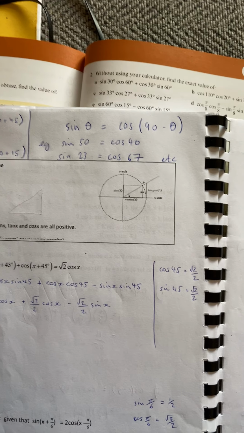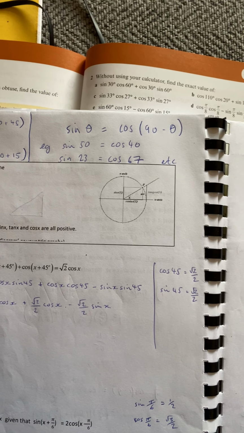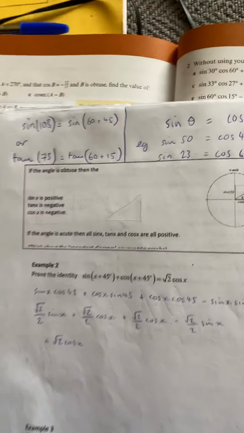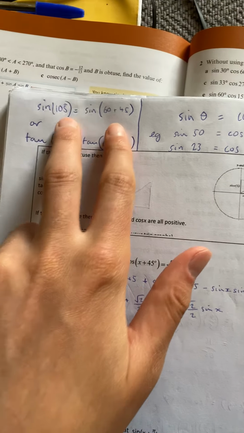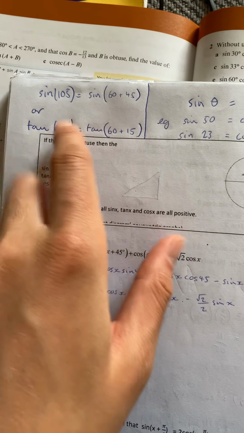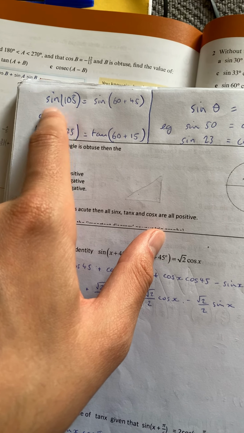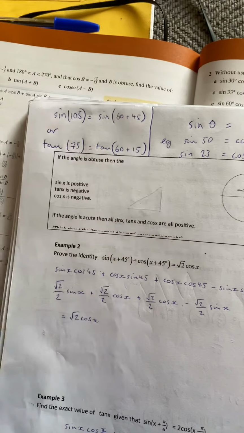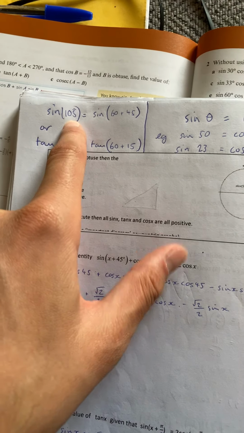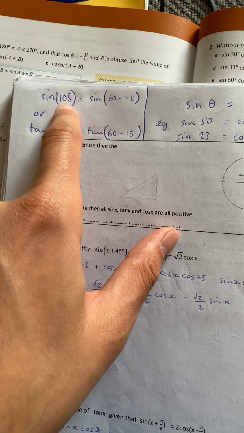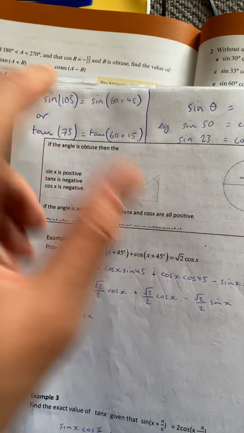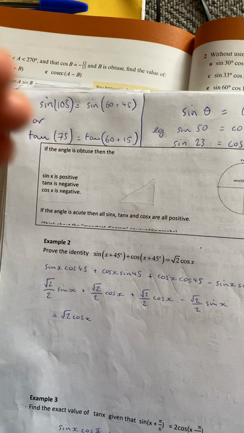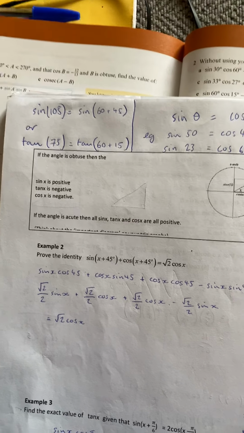If you think of your exact values, cos 30 and sine 60 are equal as well, and there's kind of this overlapping thing. The other thing is, sometimes it might be more subtle, and if you've got a sine 105, the question might involve the addition formulae, but it's not been given to you as an addition straight away. But you need to know what types of exact values are going to provide you with exact answers.